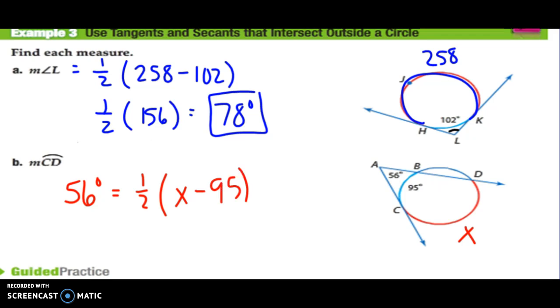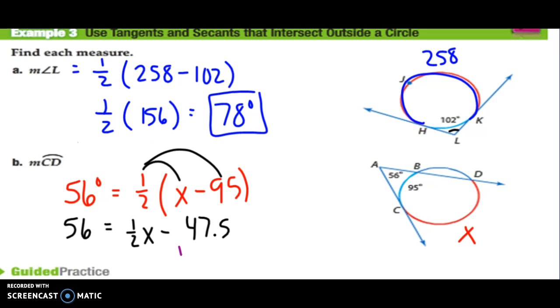Solve it like an algebra problem. 1/2 times x and 1/2 times 95. So 56 is equal to 1/2 x minus 47.5. Add 47.5 to both sides. And I get 1/2 x is equal to 103.5.